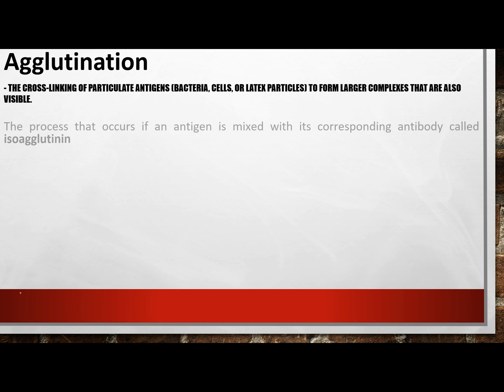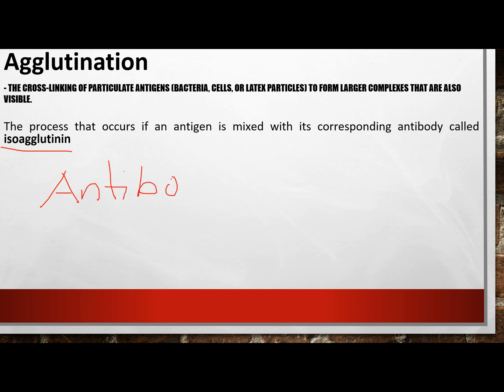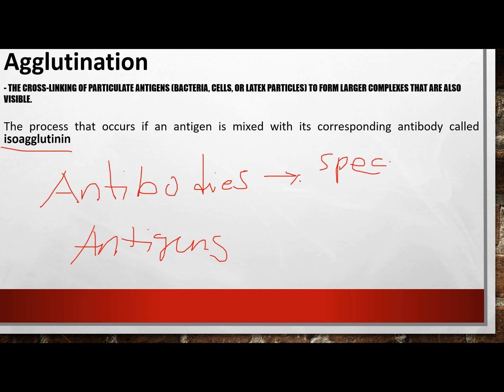Now let's continue. Agglutination is the process that would occur if an antigen is mixed with its corresponding antibody called isoagglutinin. Now, antibodies, class, in most immunological reactions, would usually involve two things, antibodies and antigens. Antibodies are usually or normally specific.